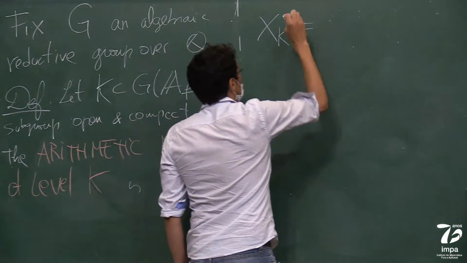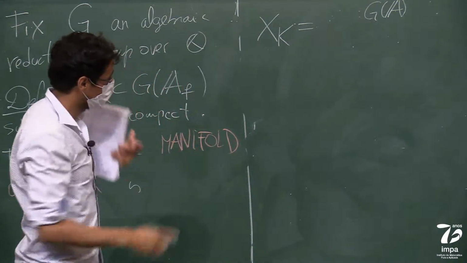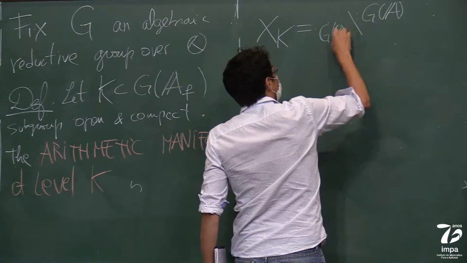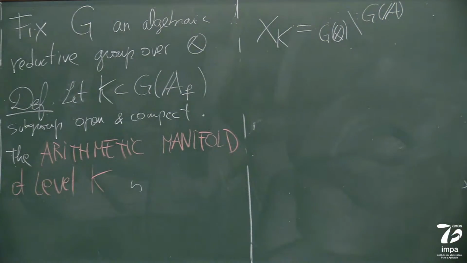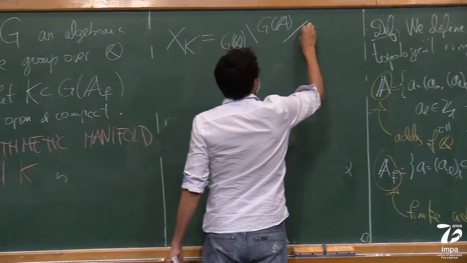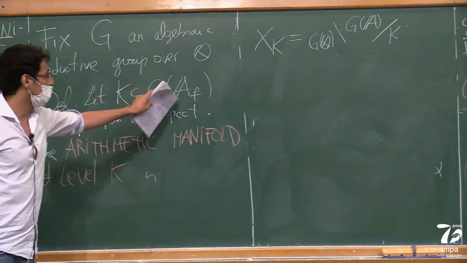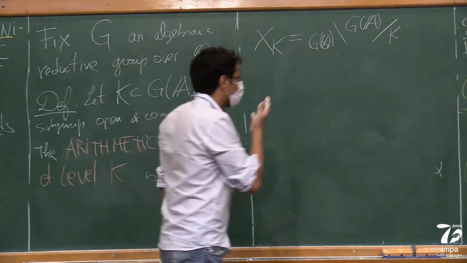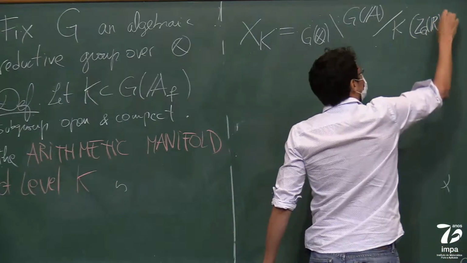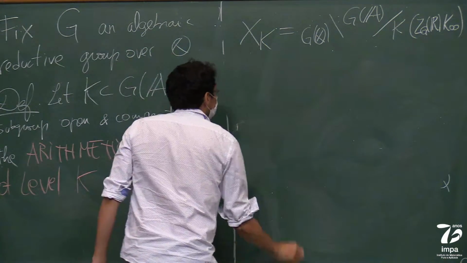By definition, you take the adelic points of your group, this huge group, and you look at the Q points inside of it diagonally, okay? And on the right, you quotient by K, which is your level, but just has information at the finite places. You need something at infinity, and you add the following at infinity. Okay, so that is the arithmetic manifold.